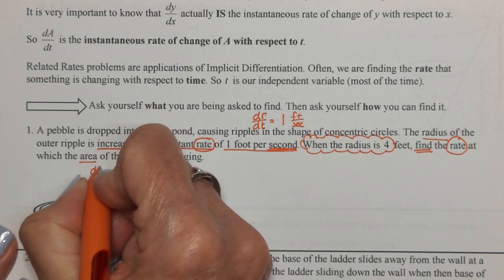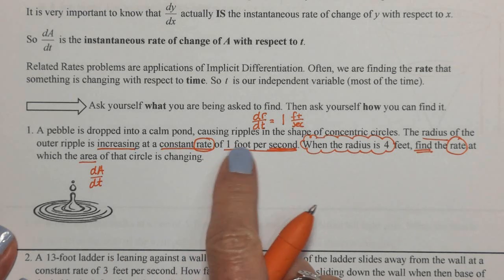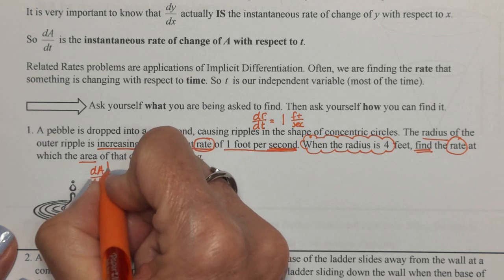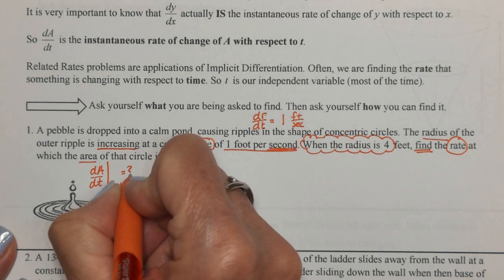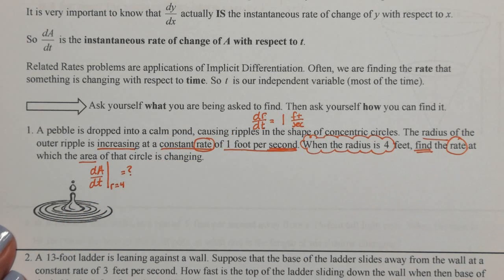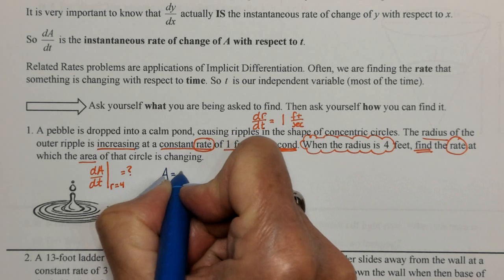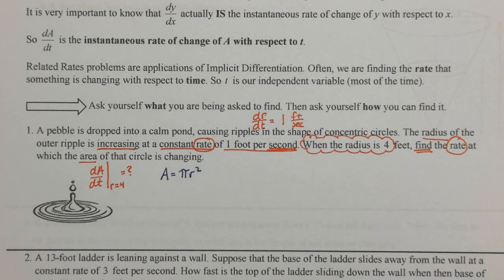So we're trying to find dA dt when the radius is 4 feet. Okay, do we have an equation that relates area with radius of a circle? We sure do. The equation is A is equal to pi r squared. That is the equation that relates the area with the radius of a circle.